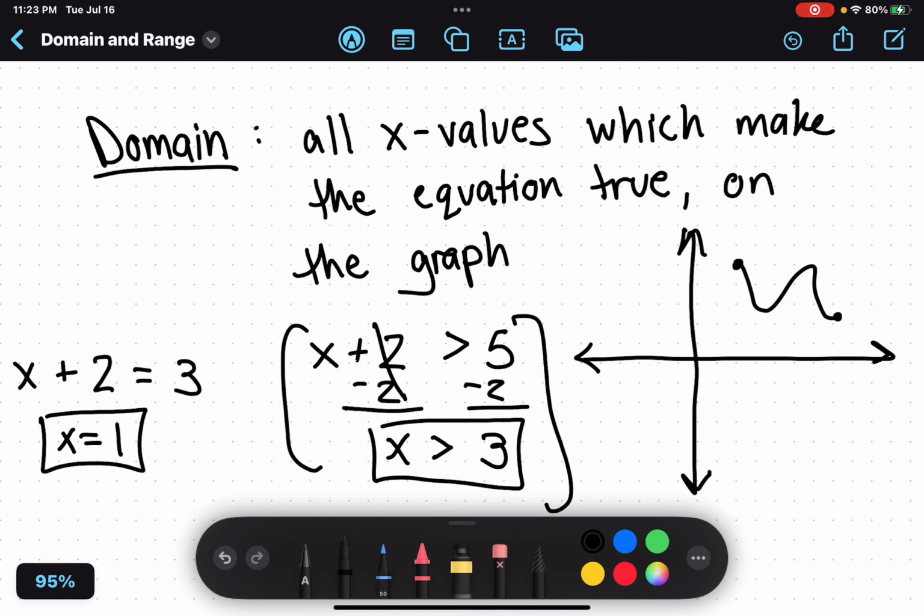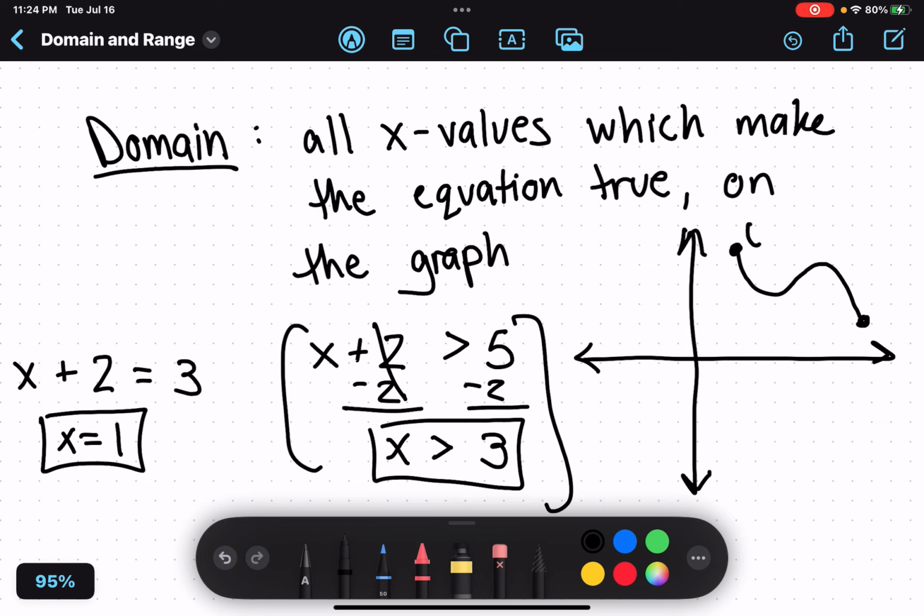Okay, this was its highest point right here.